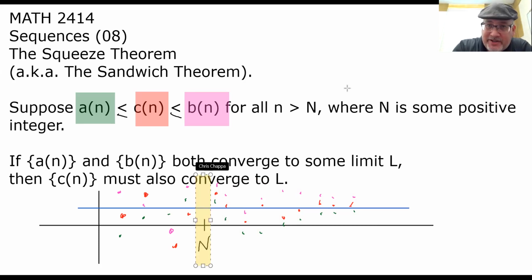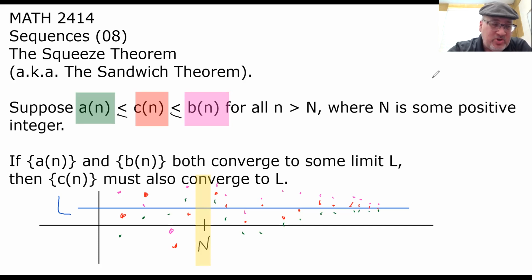If the pink dots are going to converge to this blue line in the middle, which we had called our limit, so we'll put L here for limit, and the green dots are also going to go to that line, and the red dots must stay between the green and the pink, then it stands to reason that the red dots have to converge to that limiting line as well.